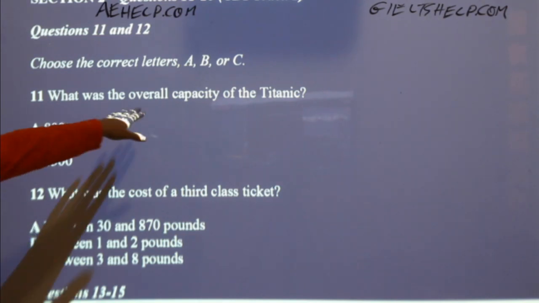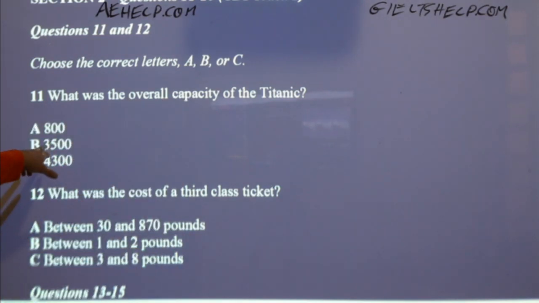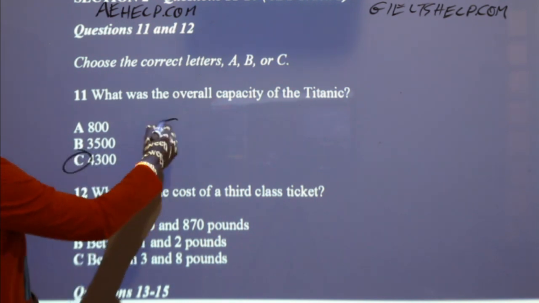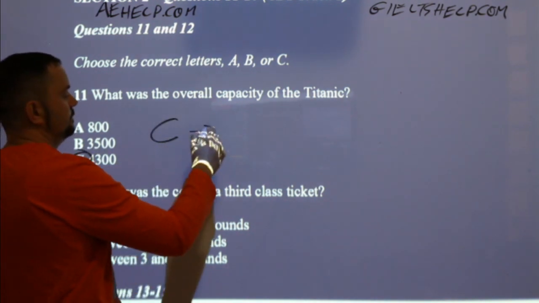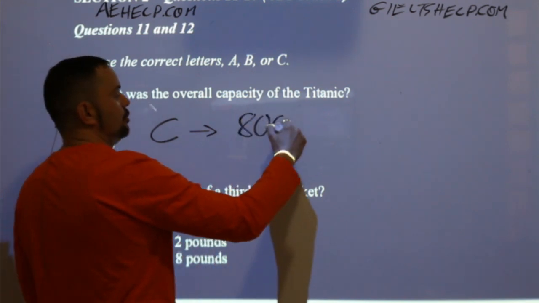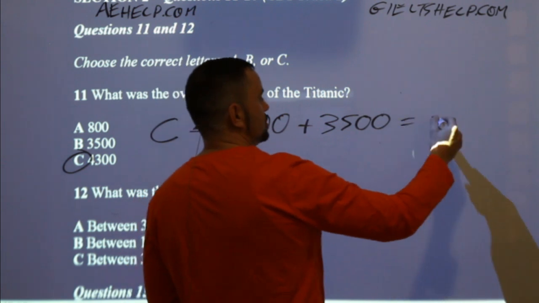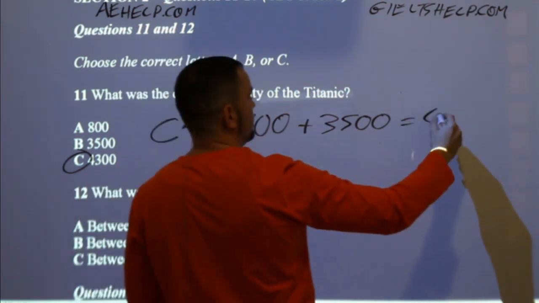So what was the overall capacity of the Titanic? 800, 3,500, 4,300. The correct answer is, drum roll, C. C, because it's 800 crew members plus 3,500 passengers equals 4,300.